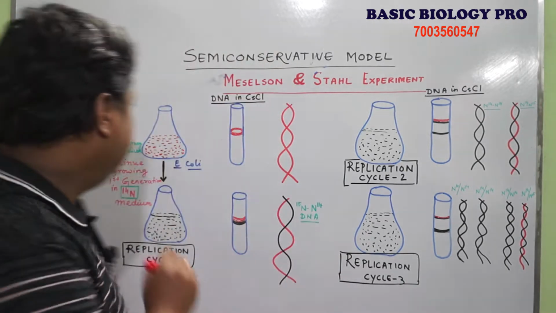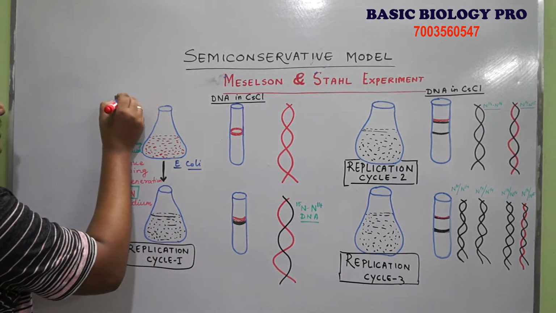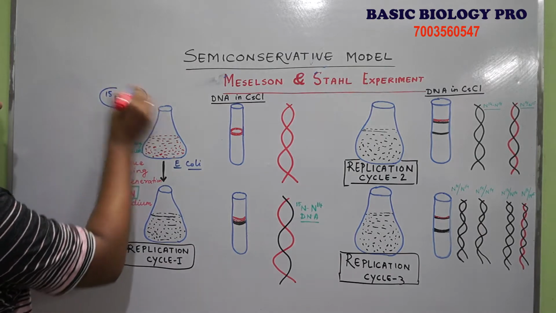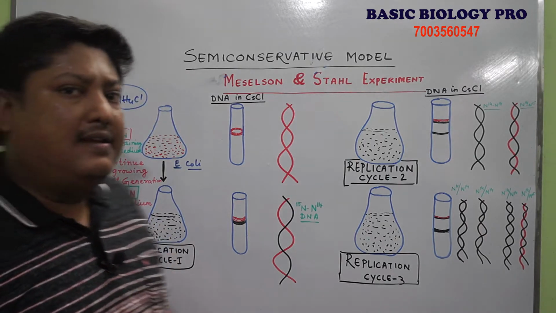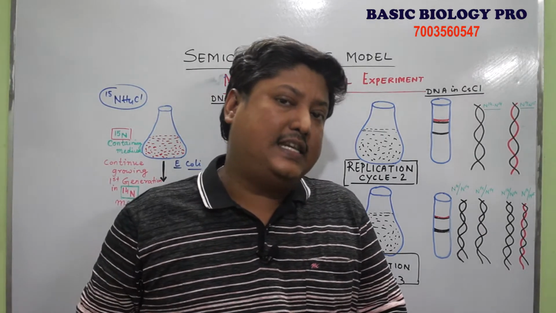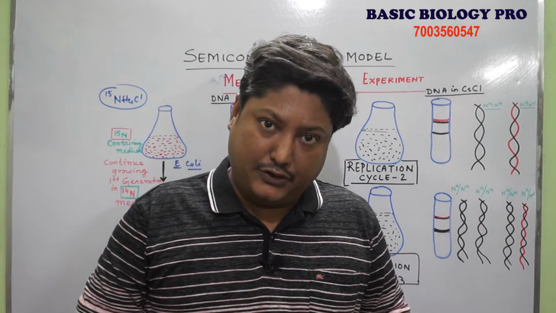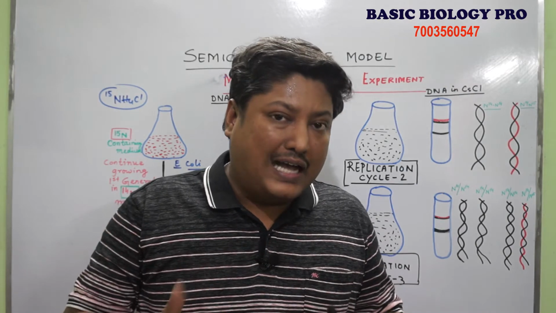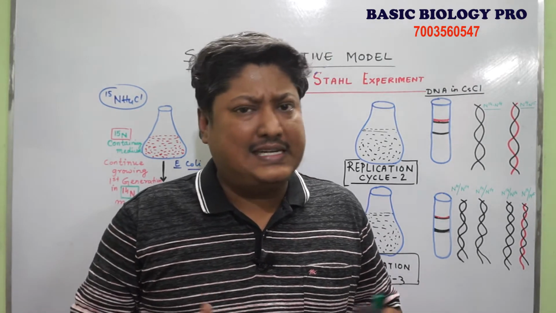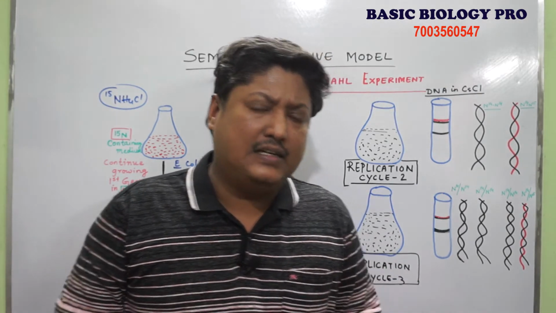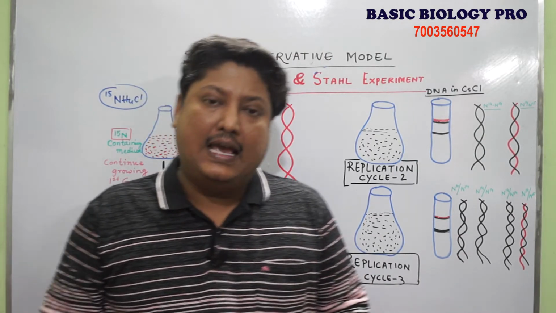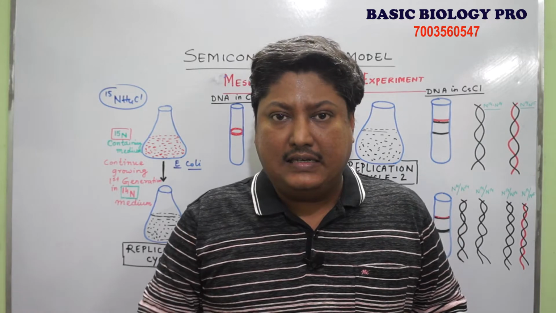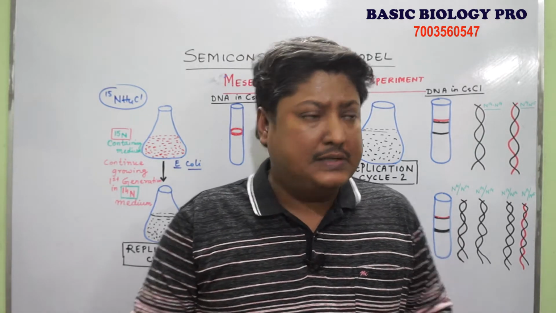That means NH4Cl with 15N is used instead of the normal 14N nitrogen. So this heavy isotope is used to culture those bacteria. As a result, all the bacterial content, including the DNA, is made up of these 15N nitrogen molecules.